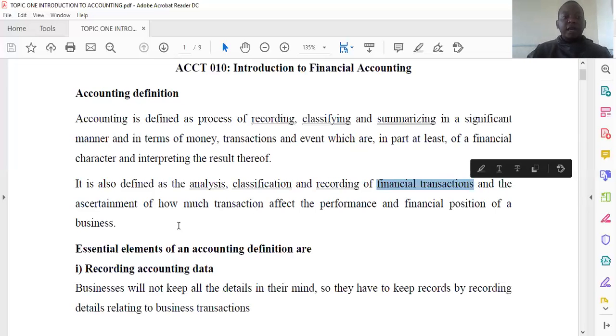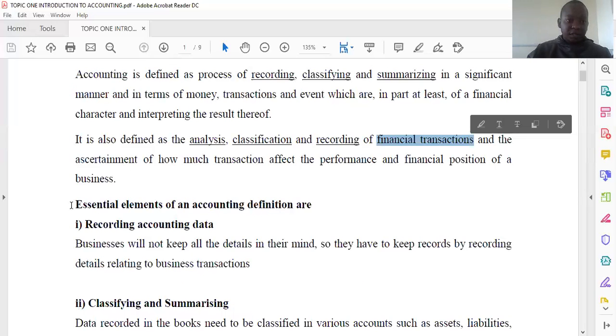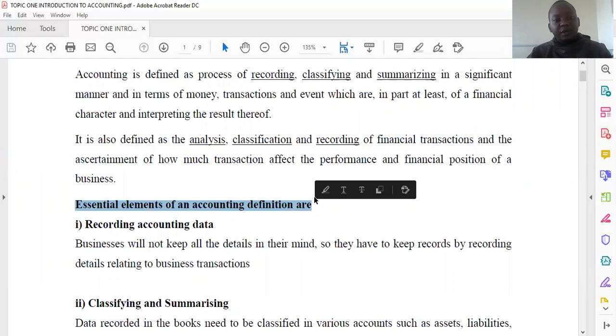So down here we have the elements of an accounting definition. I've said that you don't have to cram the definition of accounting. All you need is to note the key terms, which are the normal activities of an accounting process. Accounting is a process, and being a process, we can say that accounting is a series of activities.